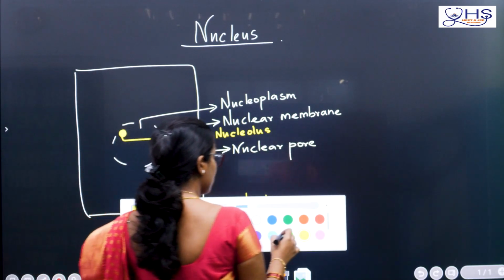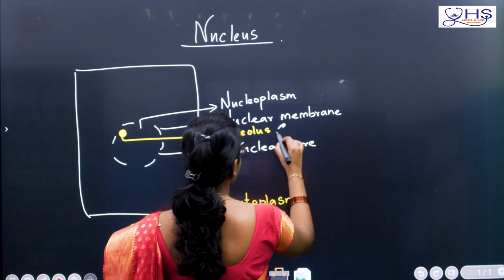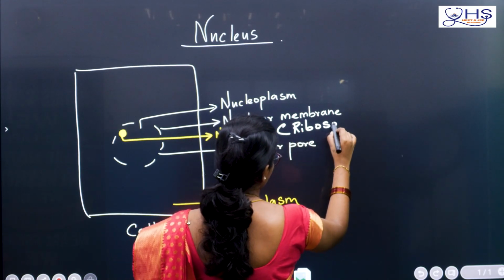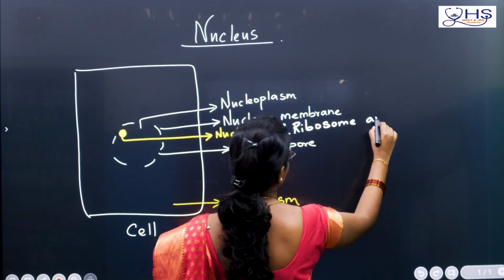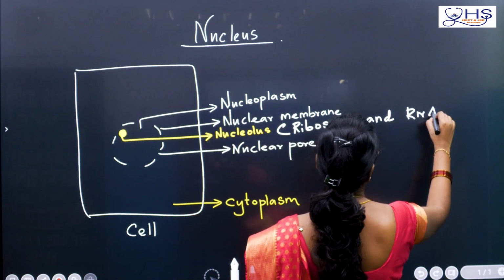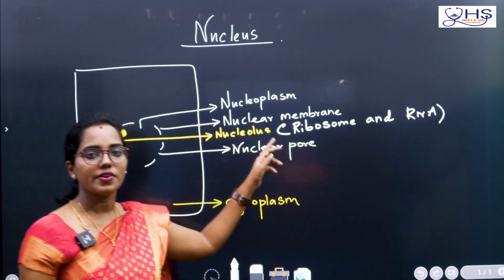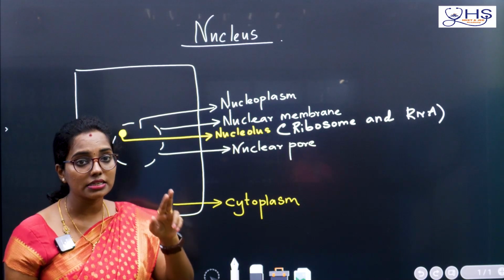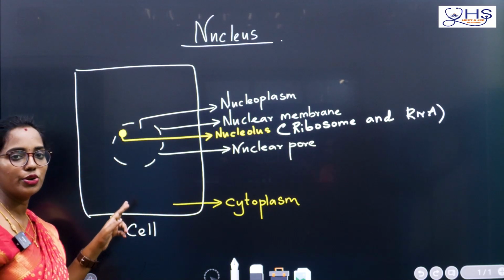It acts as an active site for the production of ribosomes and RNA. Ribosomes and RNA are produced from the site called nucleolus. It is present inside the nucleus in some corner of the nucleoplasm.